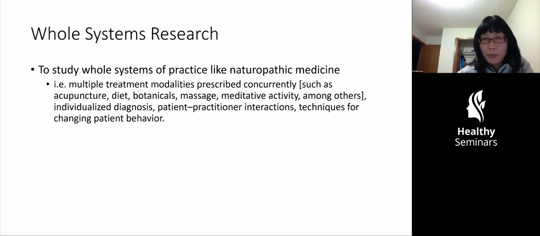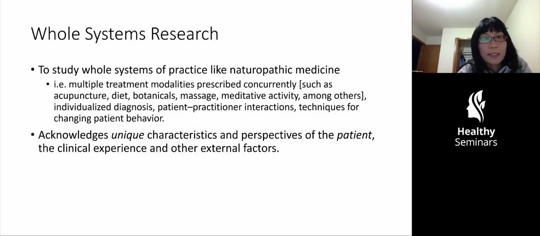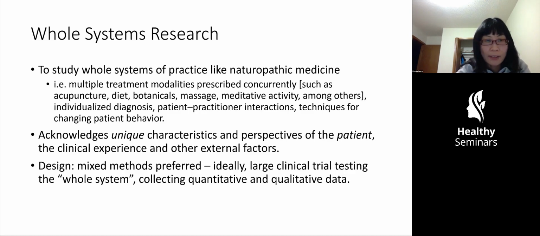And so that's the premise that underscores this concept of whole systems research. So this concept acknowledges there's unique characteristics as well as perspectives of the patient and their clinical experience, as well as taking into consideration the other external factors.